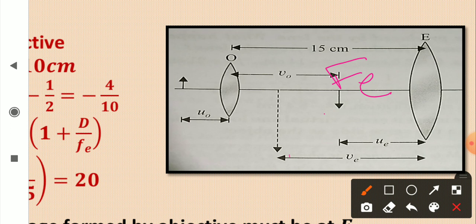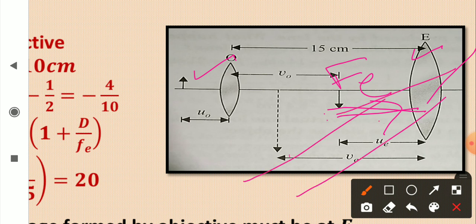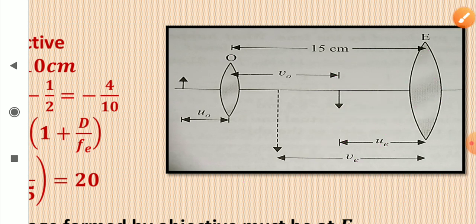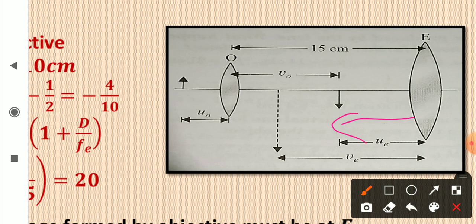The image formed by objective must be at the focus of the eyepiece so that the image formed by it is at infinity, right? So that means this distance must be equal to FE, focal length of the eyepiece, which is given to be 6.25 centimeter.